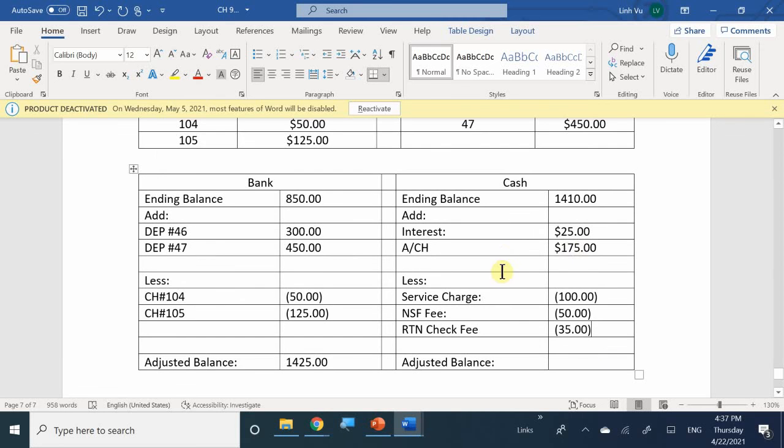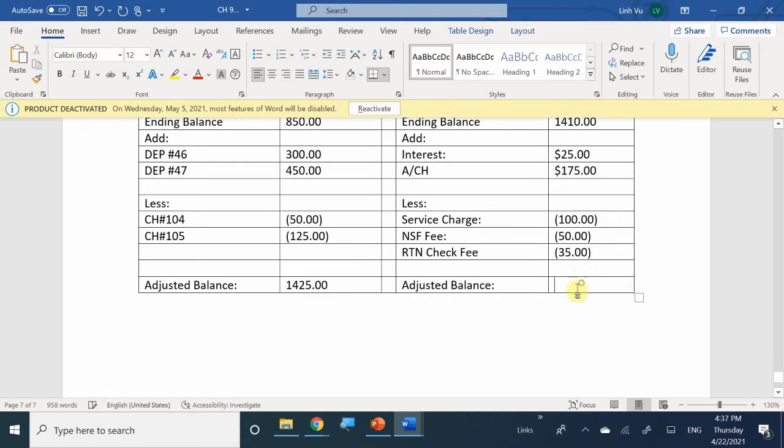Okay. So here, let's solve for my ending balance. If I have 1410, what was it? 1425.